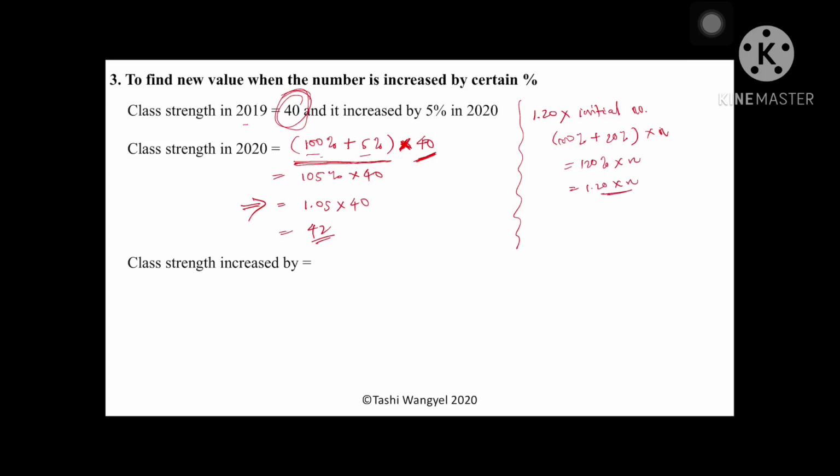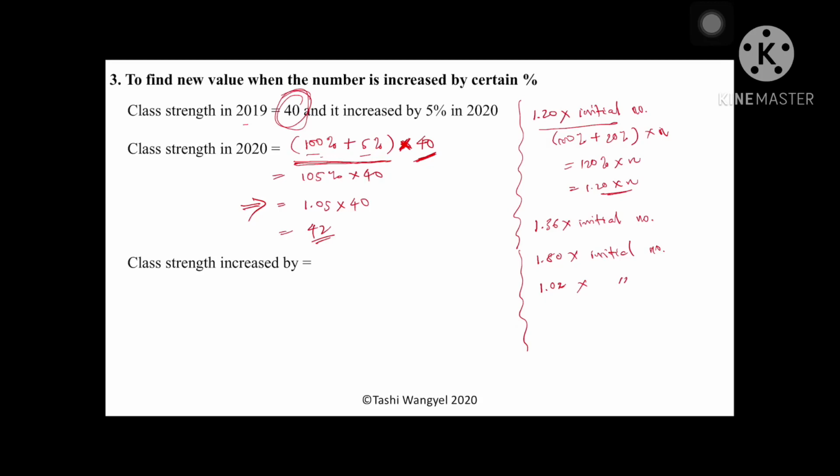For a 36% increase, it is 1.36 into the initial number. For an 80% increase, it is 1.80 into the initial number. For a 2% increase, it is 1.02 into the initial number. You can directly pick up the multiplier instead of going step by step.